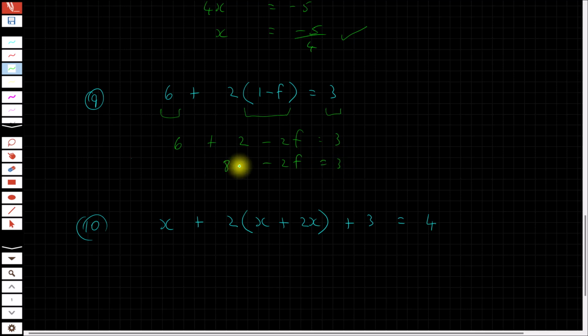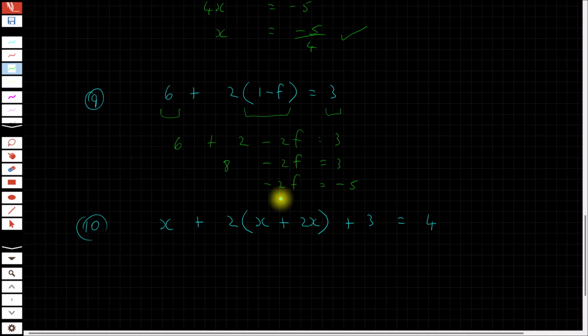Let's get this positive 8 on, eliminate it. So the opposite of a positive is a negative. Take away 8 from the left and take away 8 from the right. So we have negative 2f equals 3, take 8, which is negative 5. We have a multiplication here. The opposite of a multiplication is a divide.